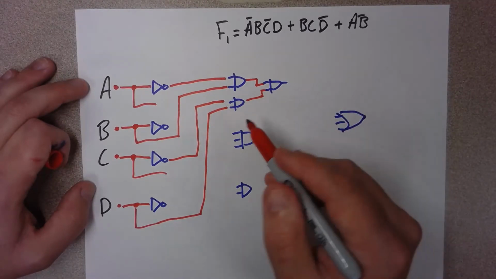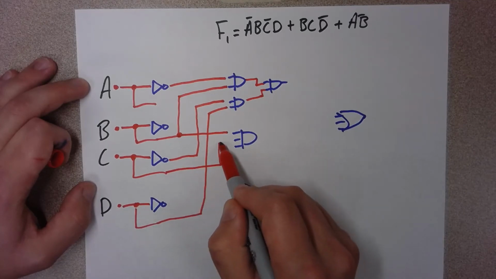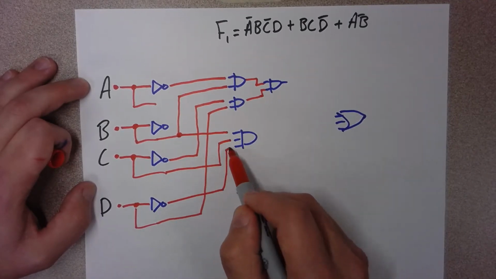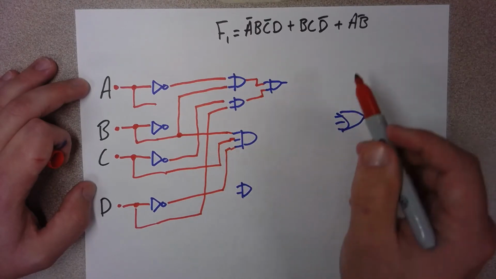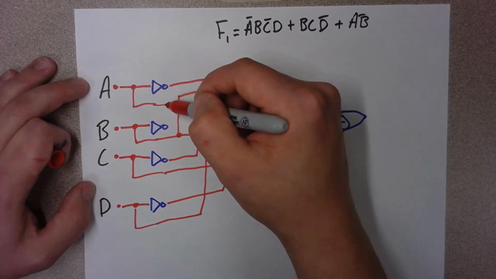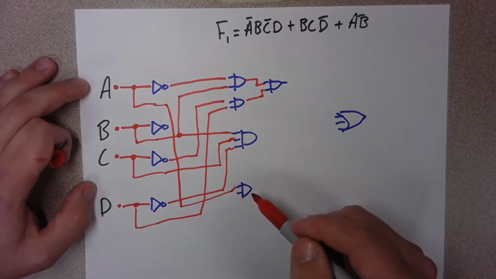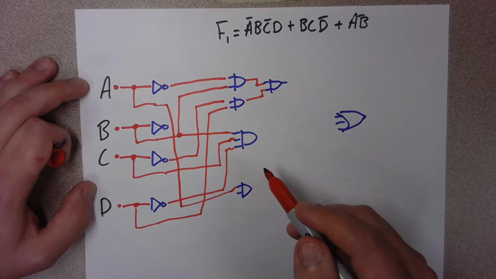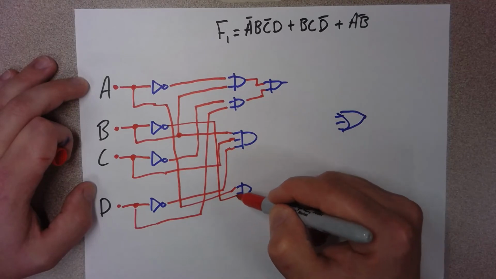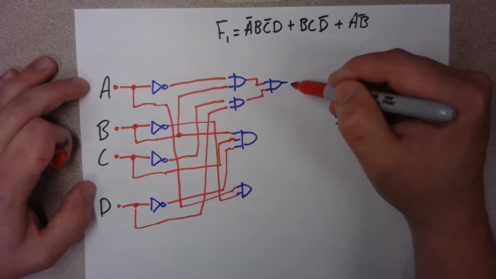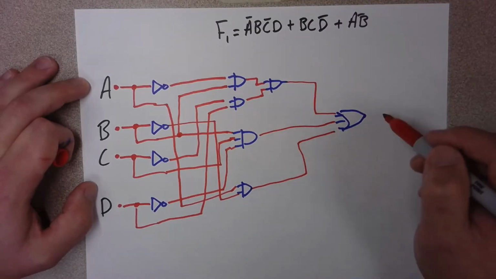Next one, like before, is B, so we add this node here, straight across, C, and not D. Last one, A, so we come down this way, which is probably the easiest. It gets a little messy if you don't do it carefully. And then not B, so we take this down here. Then this AND goes to the OR, this AND goes to this OR, and this AND goes to the OR. They all pop out.